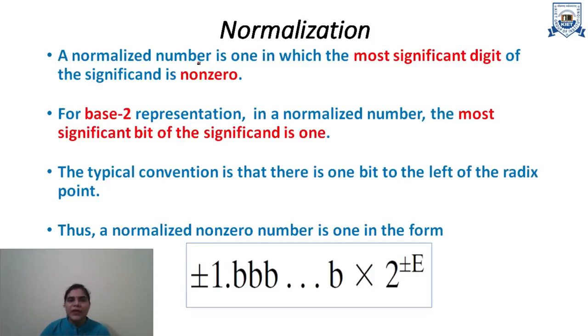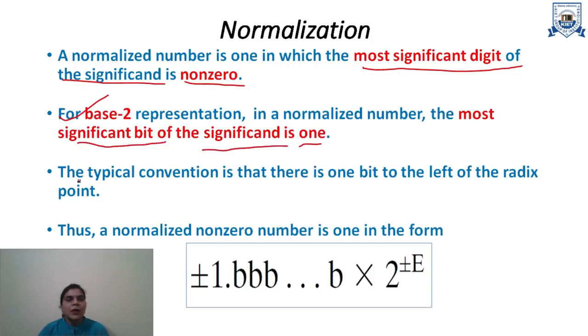So normalized number is one in which most significant digit of significant or mantissa is non-zero. In base 2, in a normalized number, the most significant bit of the mantissa is 1. The typical convention is that there is one bit to the left of the radix point. Here, only one bit to the left of radix point or binary point.